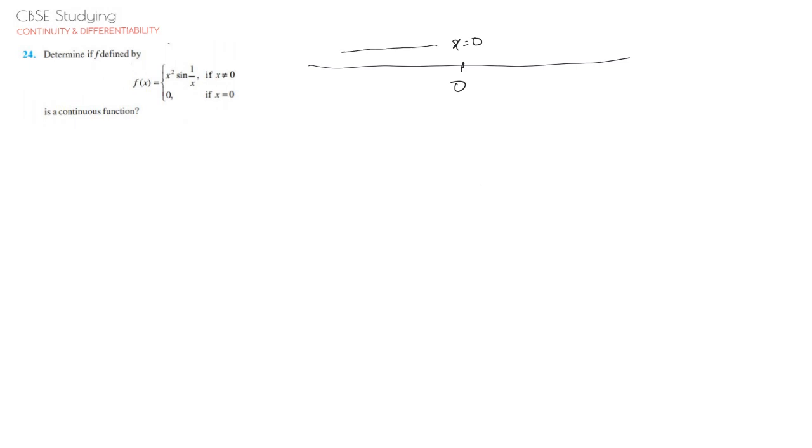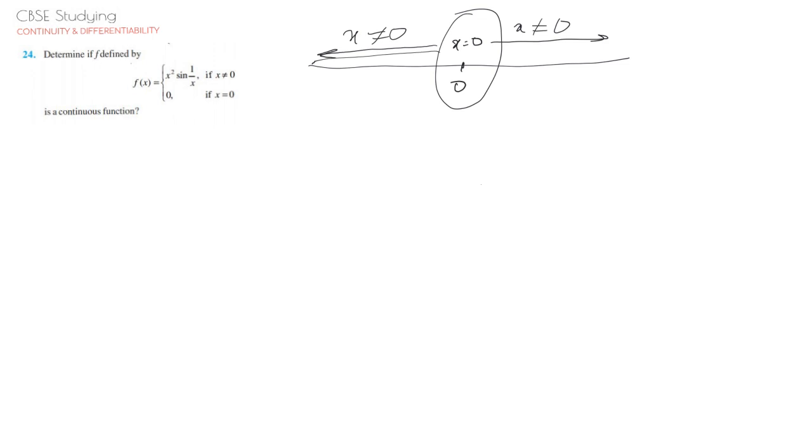So these will be the values that you will be considering when you have x not equals to 0. You are considering values on the left side and on the right side of x, but not x equals to 0. That means values lesser than x is also x not equals to 0, and values greater than x is also x not equals to 0.